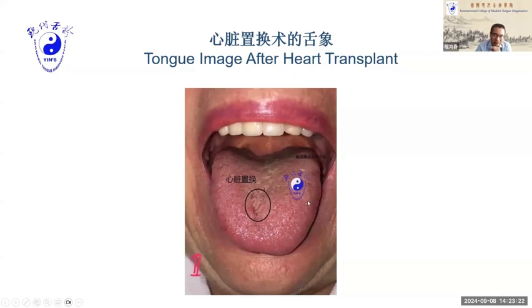When I read this tongue picture, we see the tongue midline deviates to the right side, making the left side of the tongue much bigger. And we also see this side is much smaller than this side.